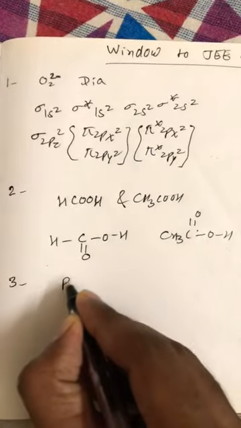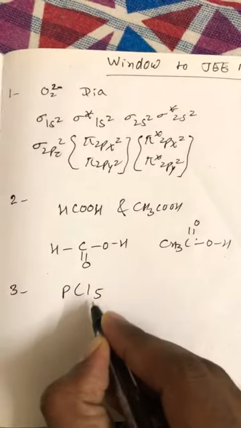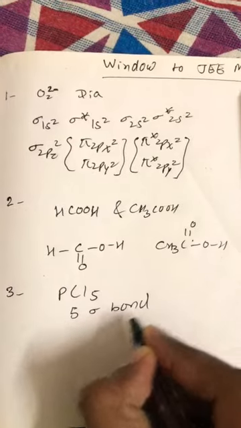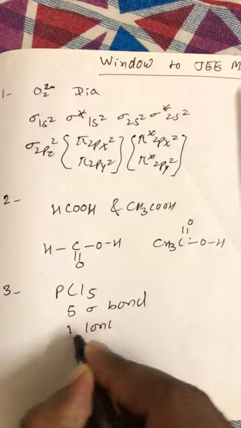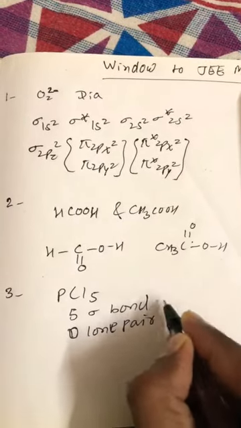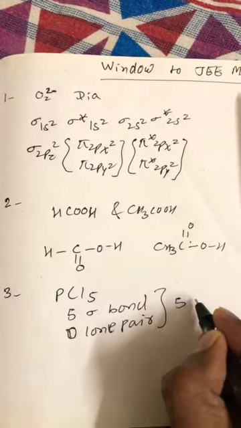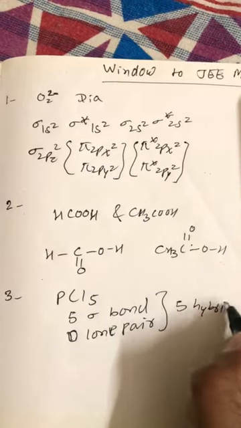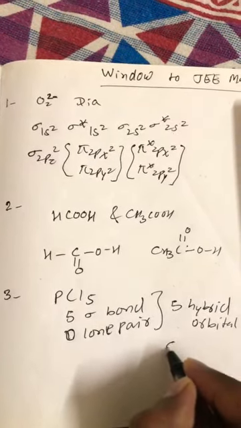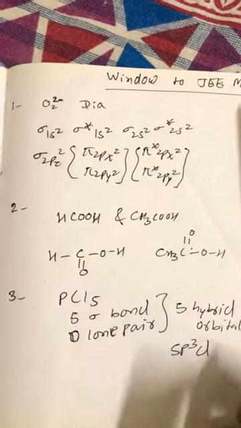Question number 3. PCl5 has 5 sigma bond and 0 lone pair. That's why 5 hybrid orbital, and because of 5 hybrid orbital, hybridization is sp3d.